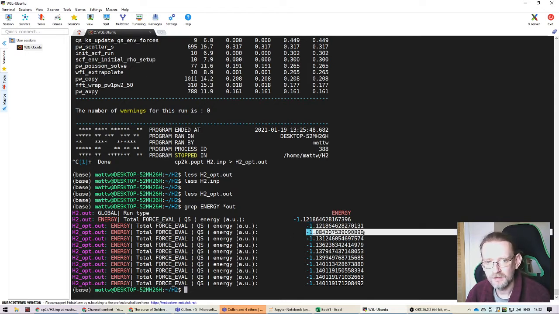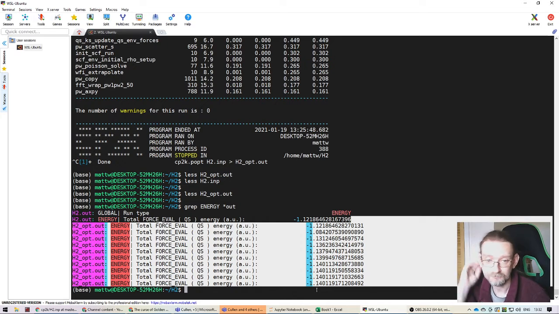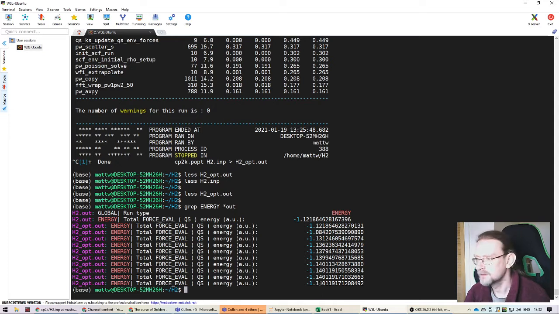First step, it made a bad guess at where to move, but then it proceeded pretty smoothly downhill. You can see that the energy is proceeding down, and so in the end it finds the lowest energy of the combined system.